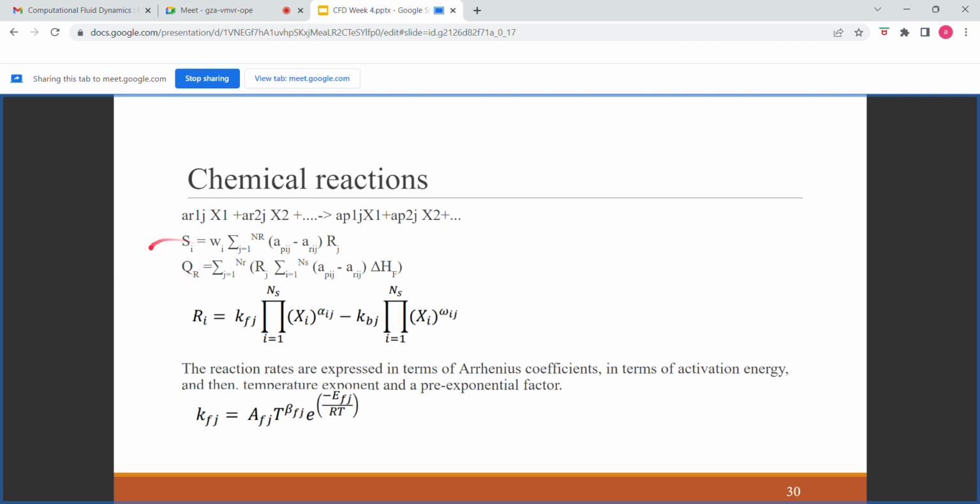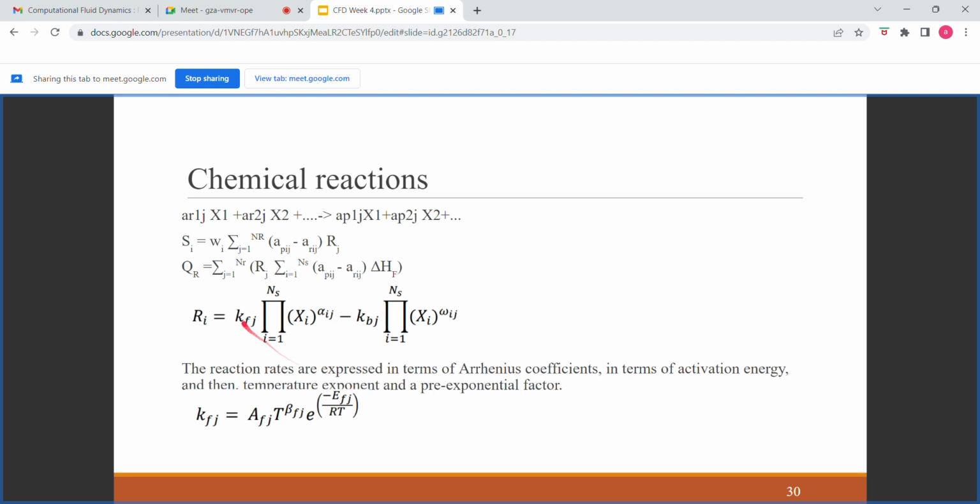In general, the rate of the reaction is given by Kf times the concentration of that species to the power of the coefficients, minus Kb times the concentration of the species to the power, where f and b are the forward and the backward reactions.